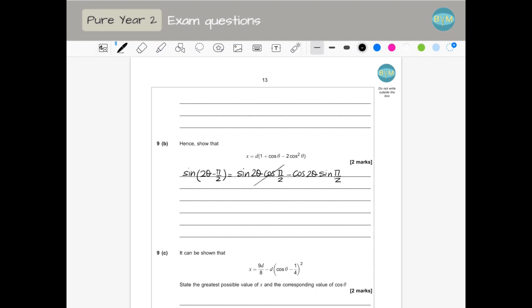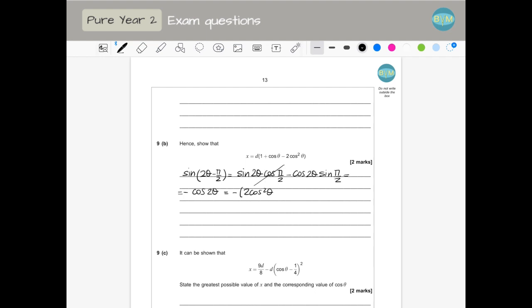Cos pi half is 0, and then sine pi half is 1, so this is equal to minus cos 2 theta. And then using the double angle formula, we know that this can be written in terms of cos squared, so I have minus, and this can be written as 2 cos squared.